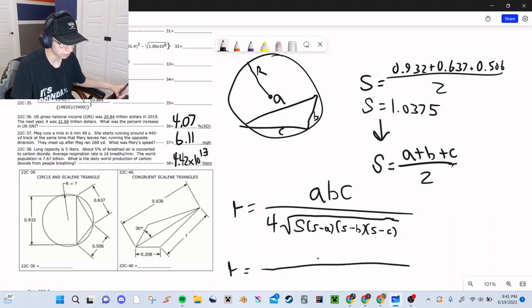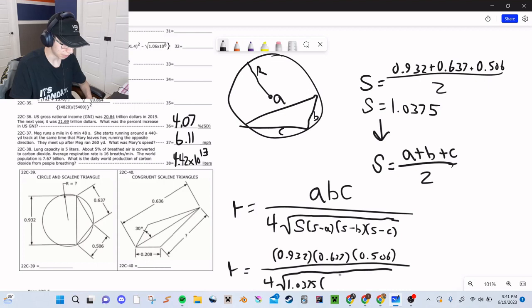So R is going to be equal to the product of the sides over 4 times the semi-perimeter, and S minus A is going to be 0.1055, and then S minus C is going to be 0.4005, and then S minus A, S minus B, and now we have S minus C, so 5315.